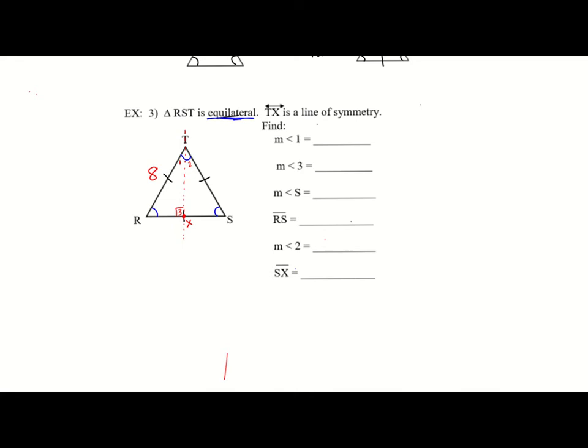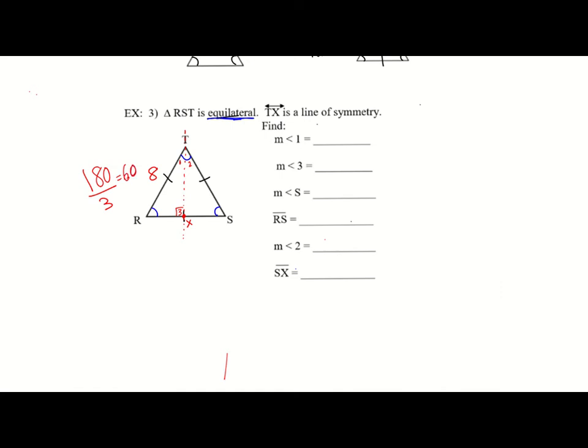So then it asks us to find the measure of angle 1. So right away I know that it's an equilateral triangle. That means all of my angles are the same. If I have to have 180 degrees inside my triangle, then that means that I'm going to take 180 and divide that by 3, which gives me 60.